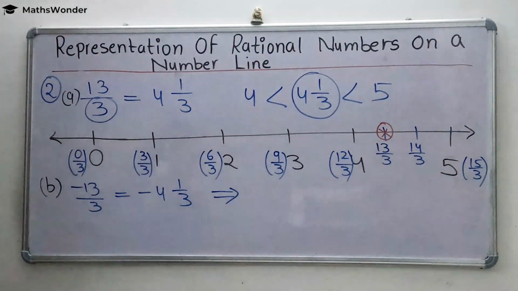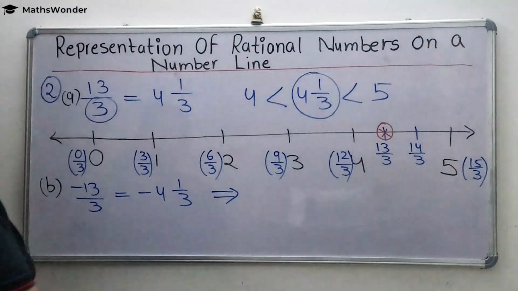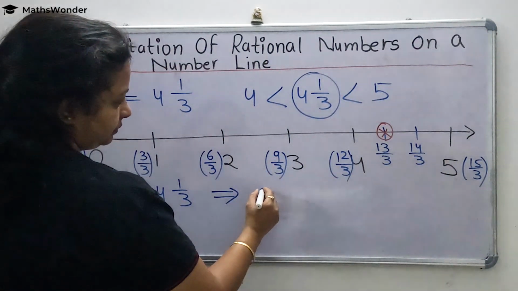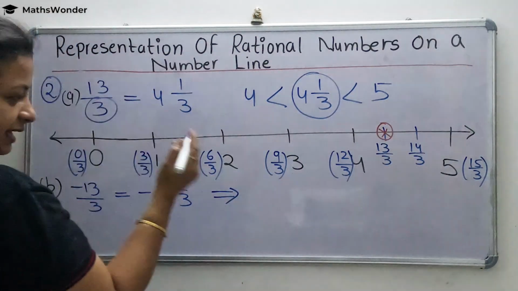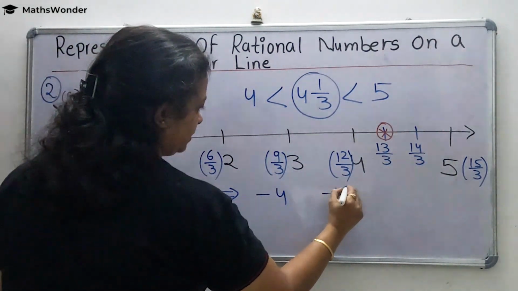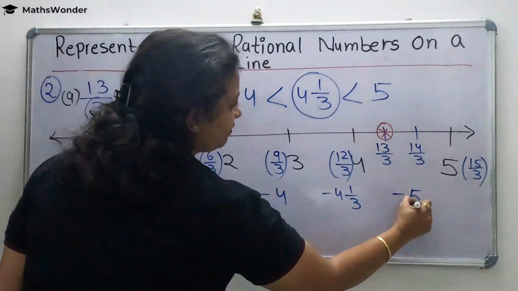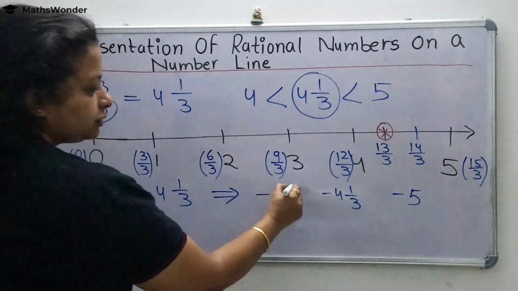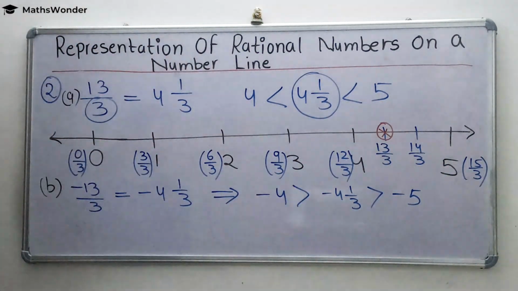Tell me, which two numbers? Negative 4 and negative 5. Right? So negative 4 is the greater one, because the smaller negative number is always the greater.